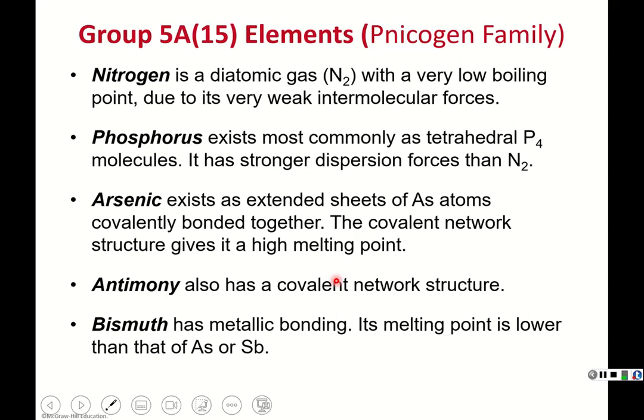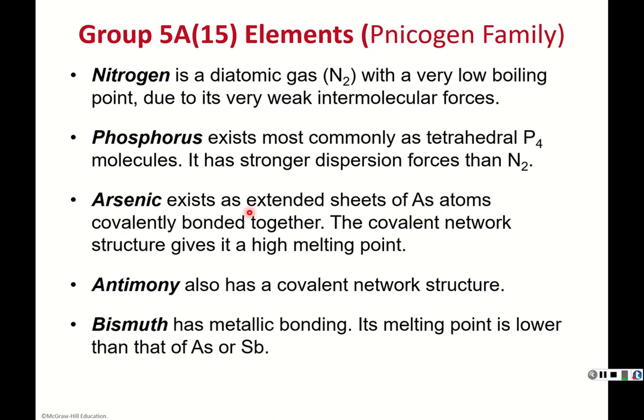Okay, so when we look at the nicogen family, nitrogen is at the top. It's a diatomic gas with a very low boiling point, right? That's due to the very weak intermolecular forces it has. Phosphorus exists most commonly as a tetrahedral P4 molecule. It has stronger dispersion forces than N2, so it's not a gas, it's a solid.